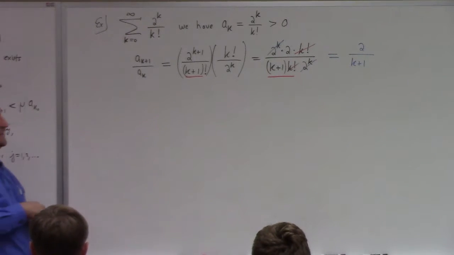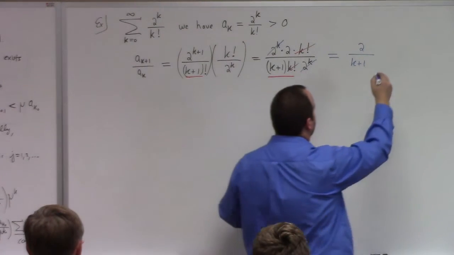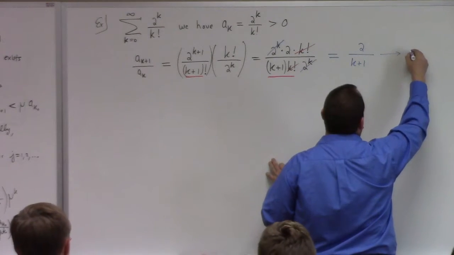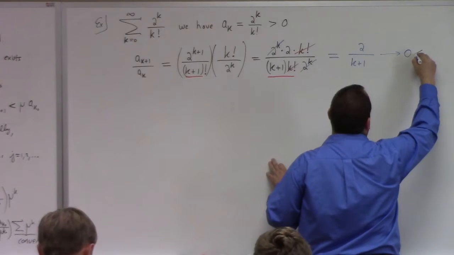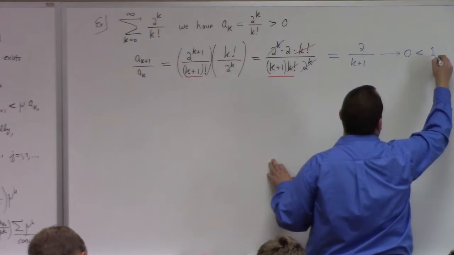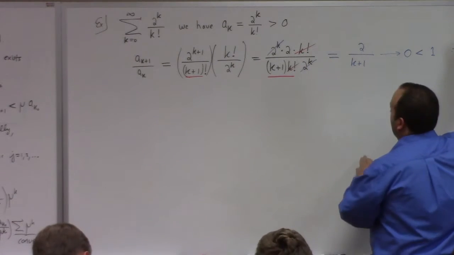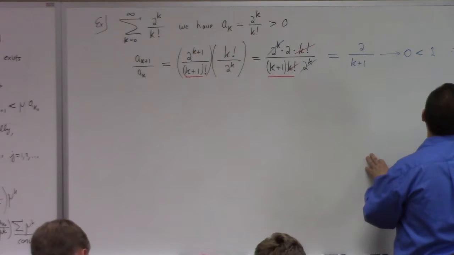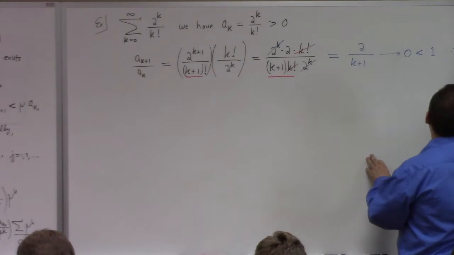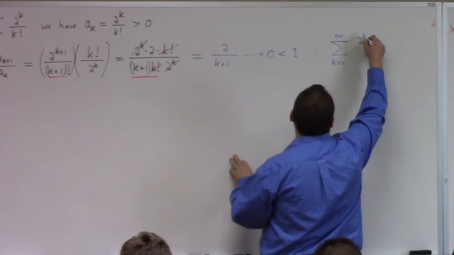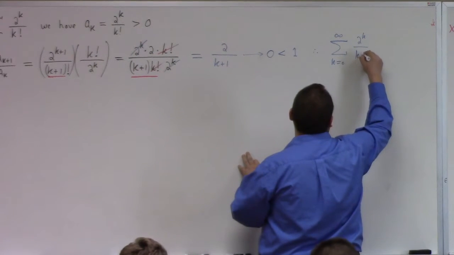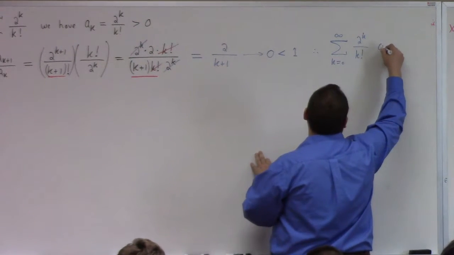Right. So what's this go to? This goes to 0, right? Is 0 less than 1? Yep. So therefore, the sum k equals 0 to infinity of 2 to the k over k factorial converges.